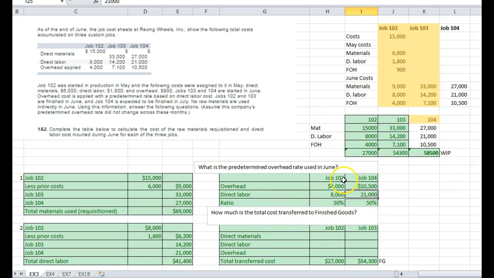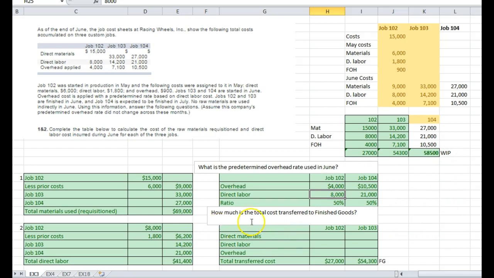So job 2 and job 4 have, and I don't know why they didn't go ahead and do job 103, but that's the way it laid out. So this is the 50%, this is the overhead, and this is the direct labor.